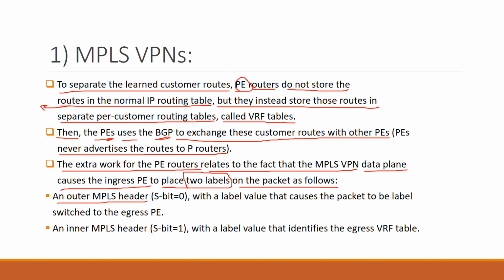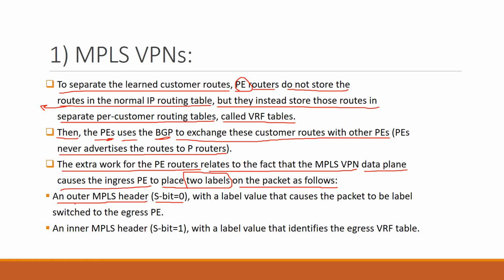Actually, it is a header, not a label only. And as you know, the MPLS header consists of four fields: the label, the EXP that's used for quality of service, the bottom of stack S bit, which is 1 bit only and used as a flag, and the TTL.